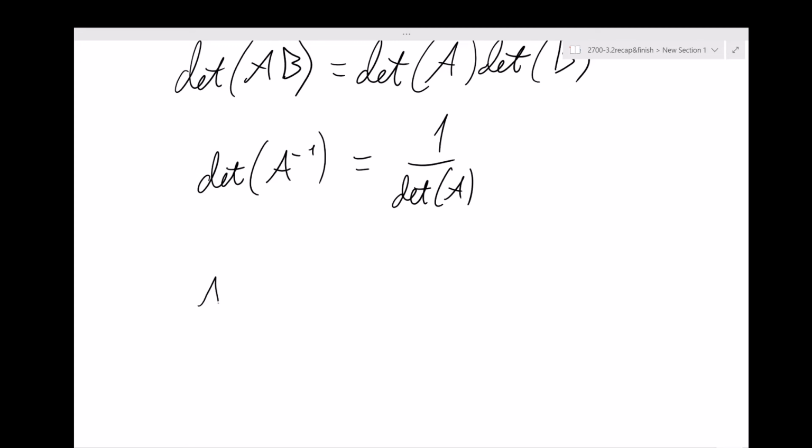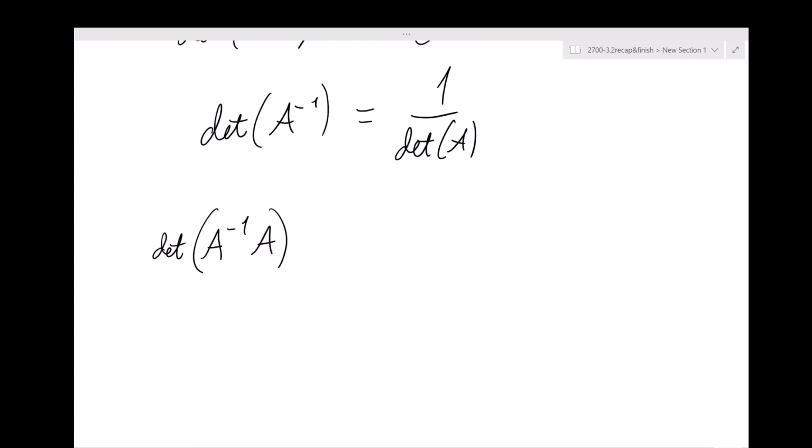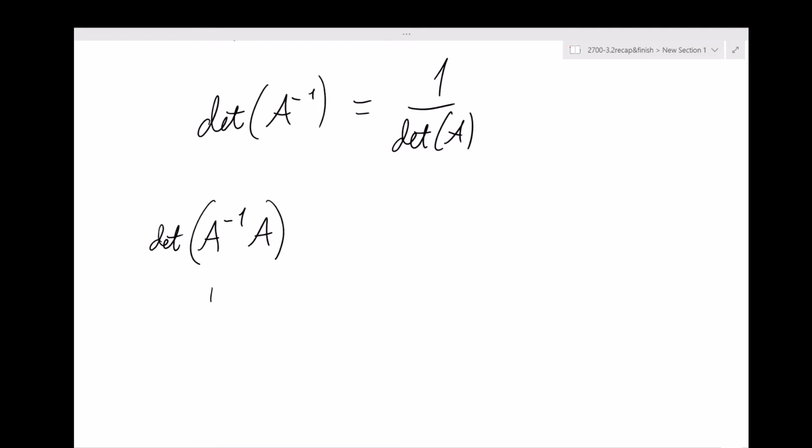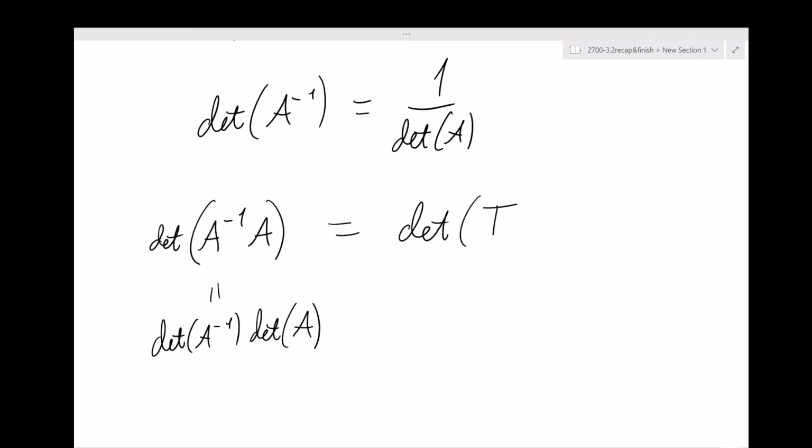Well, a matrix times its inverse. Well, we know from the fact that the determinant splits over the multiplication that that has to equal the determinant of the inverse times the determinant of A. But also, this is the determinant of the identity. So what's the determinant of the identity? Well, that's 1. And so here we go.